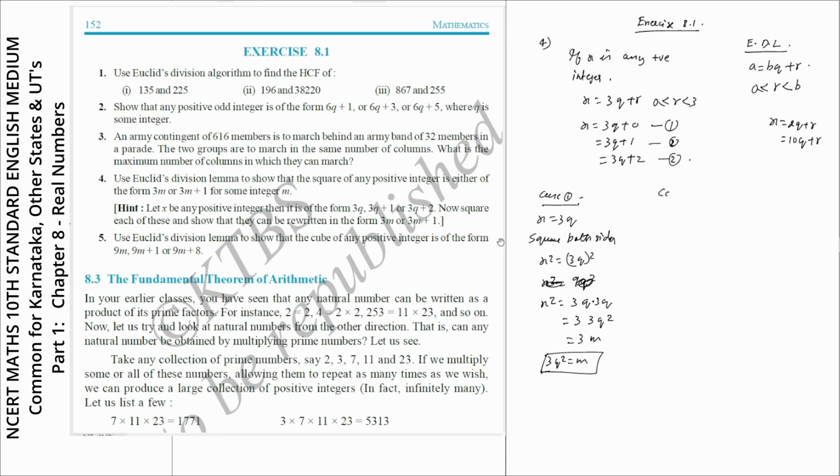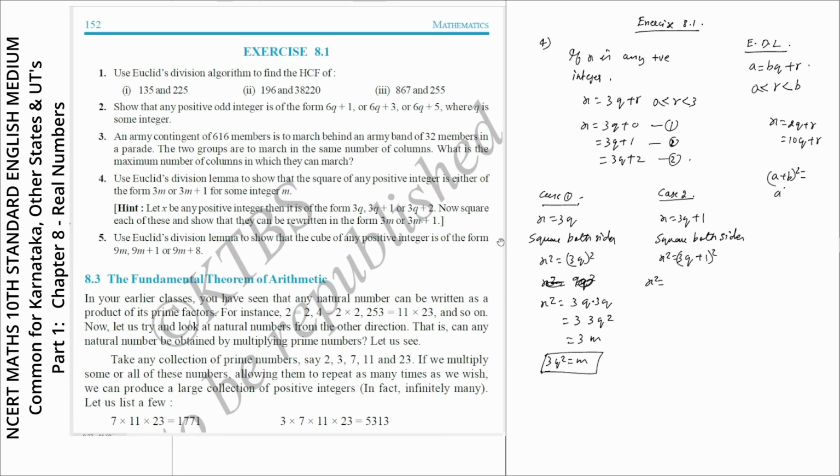Now in case 2, x is equal to 3q plus 1. Now if I square both sides, what will happen? So x square is equal to 3q plus 1 the whole square. Now expand it. Use the formula: what is the formula for a plus b the whole square?